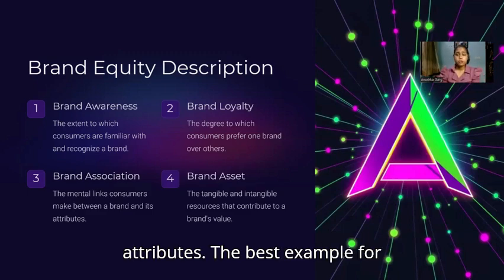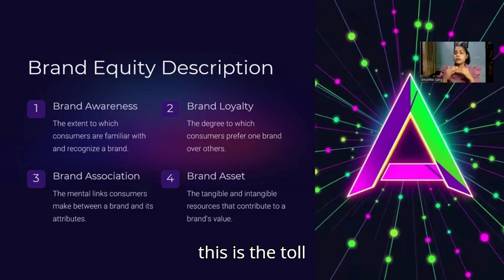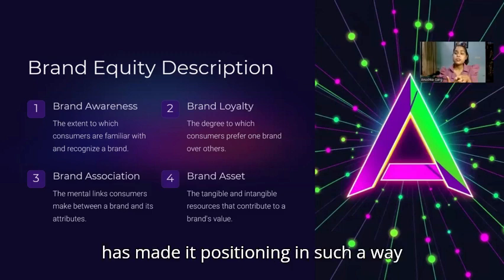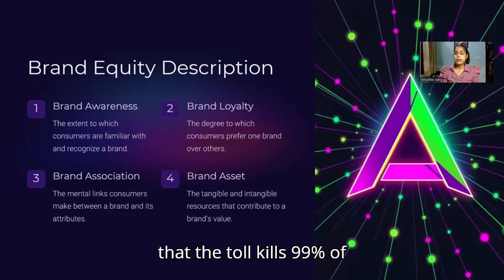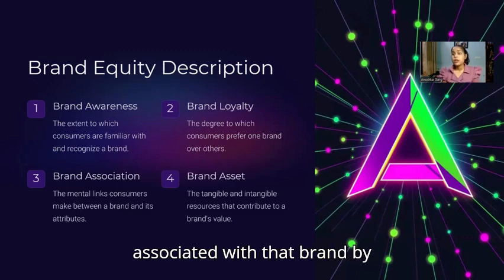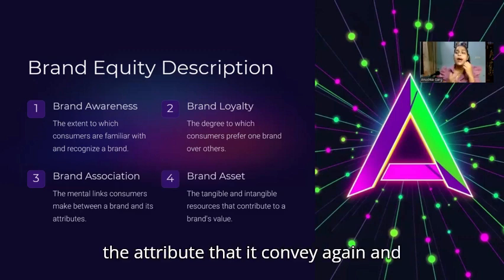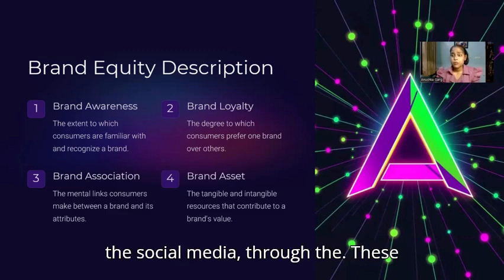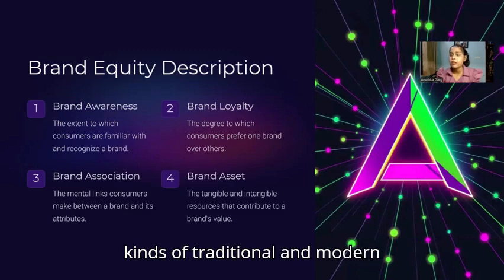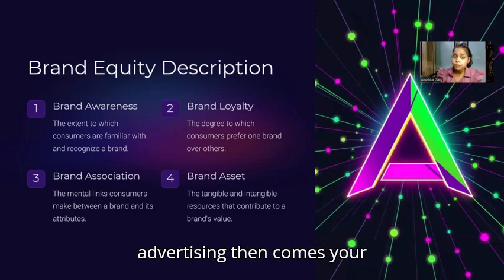The best example for this is Dettol. It has made its positioning in such a way that people associate it with killing 99% of germs. The customer is associated with that brand by the attribute that it conveys again and again through advertisement, social media, and traditional and modern advertising.